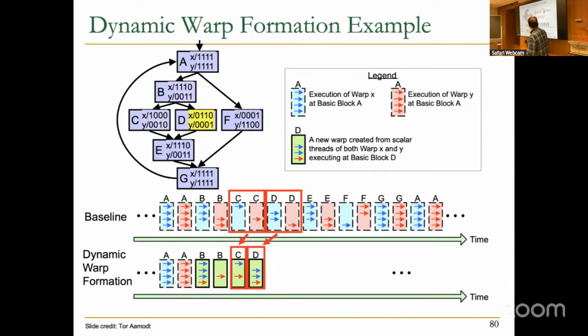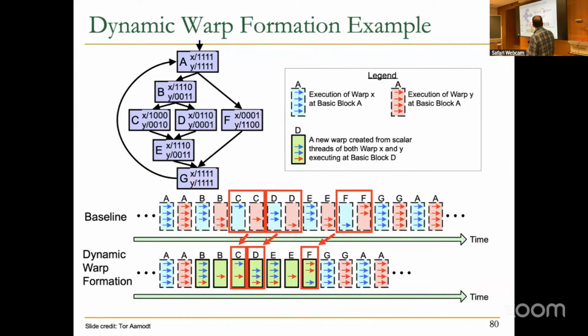In some cases you cannot, but here, these two, for example, you can combine, and these two you can combine. And then in this E and this F, these two E's can combine, but then you have an E with only one active thread. That would save some cycles for you.